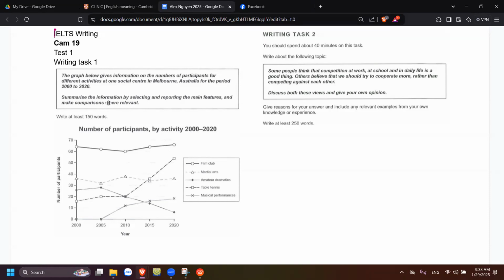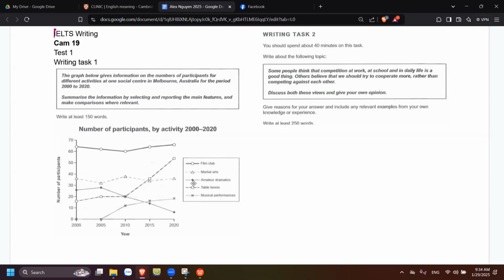So the number of participants is broken down by the activities here. You can see there are film clubs. This one is film clubs. And this one is martial arts, like taekwondo, karate, these kinds of martial arts.